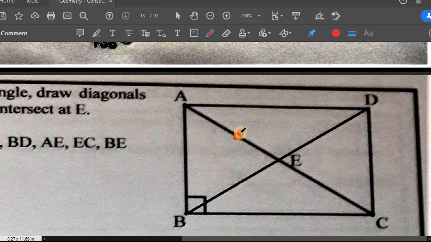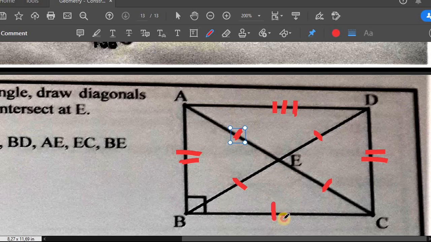What you can conclude is that this diagonal, I'm talking about AE, is equal to that, and you're going to see that BE is equal to ED. And coming back to our primary school knowledge, we know that opposite sides are equal.